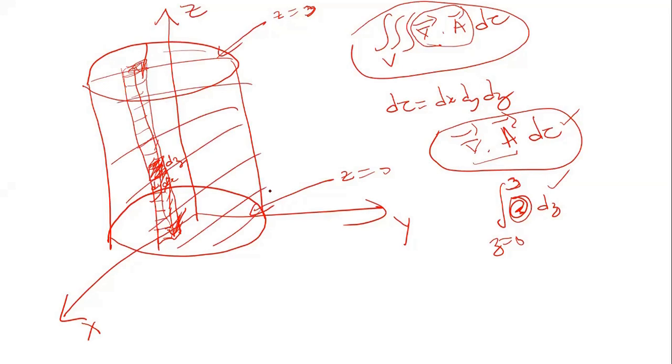Here we know that the radius of this cylinder is 2, because the equation of the circle is x squared plus y squared is equal to 4. So r squared is 4, which means r is 2.